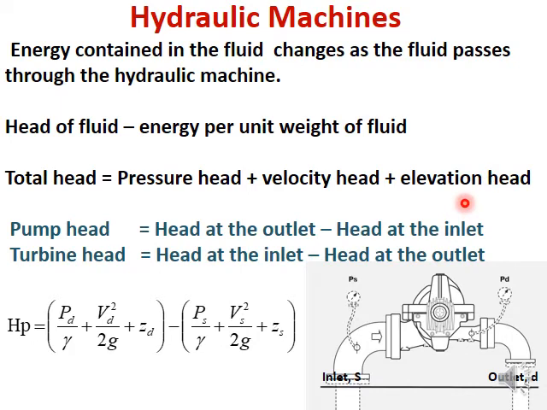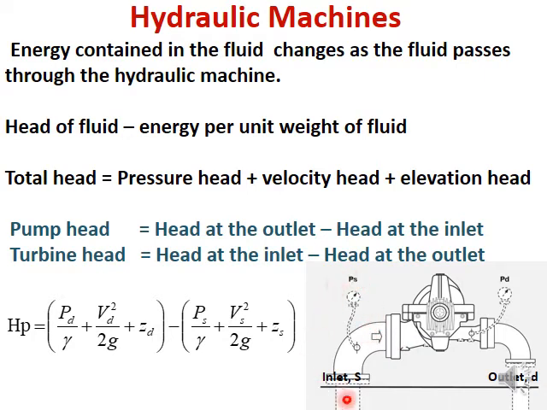Now, when it comes to hydraulic machines, we have two types, pumps and turbines. If you have this hydraulic machine and there is an inlet and there is an outlet, at the inlet, yes, we can measure pressure and we can also measure velocity and we can also measure the elevation.